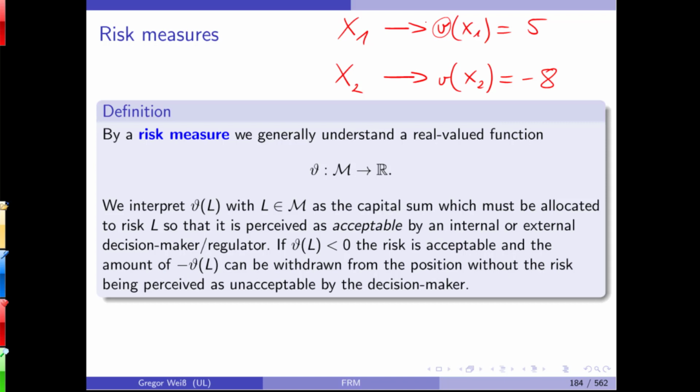So far, quite simple. You have random variables, that is risks, and if you relate each risk to a real number, then it's a risk measure. And we interpret this risk measure, nu of L, as the capital sum which must be allocated to risk L so that it is perceived as acceptable by an internal or external decision maker or regulator.